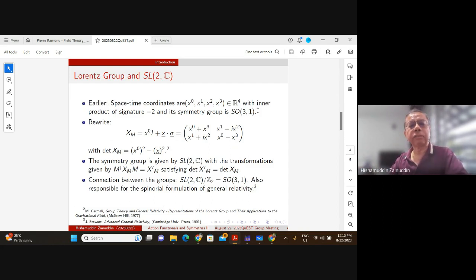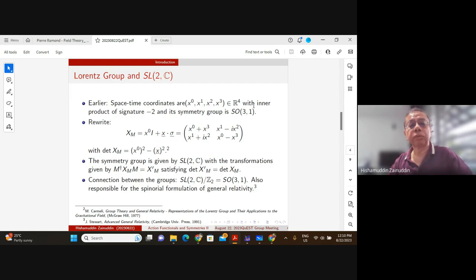But there's an associated group of SO(3,1). Just like with SO(3), you can go to the double cover of SO(3) to get SU(2), and with SU(2) you are able to accommodate spins. It's the same thing here: SO(3,1) also has a double cover.